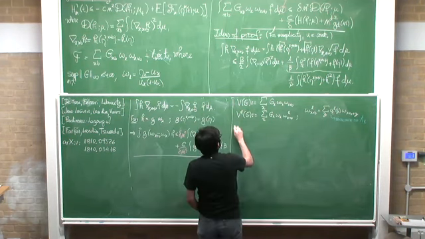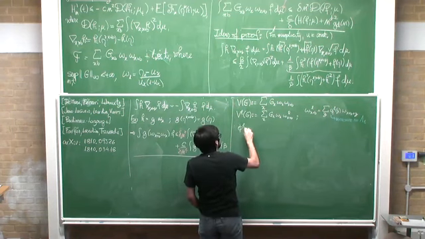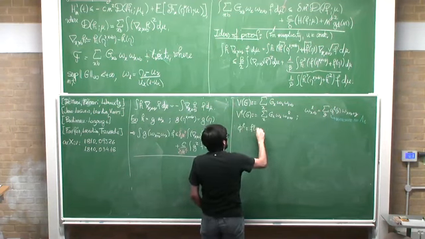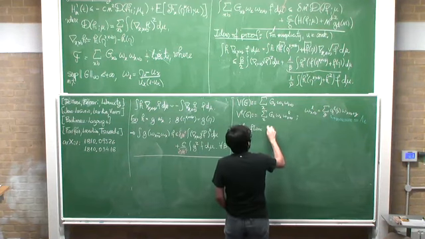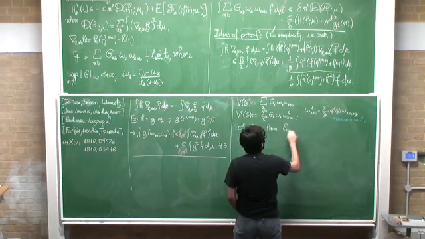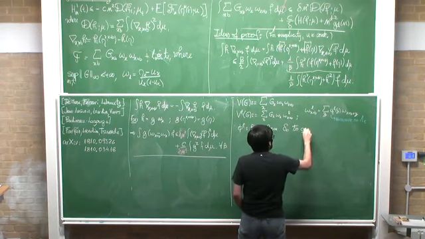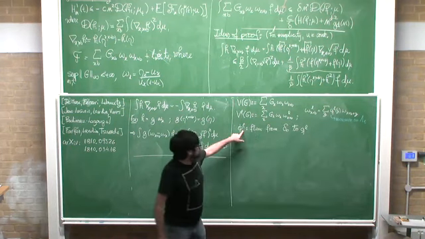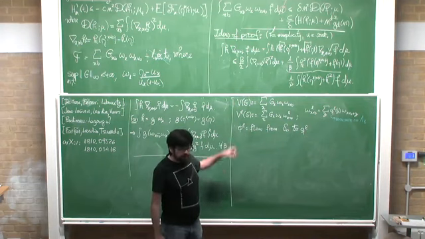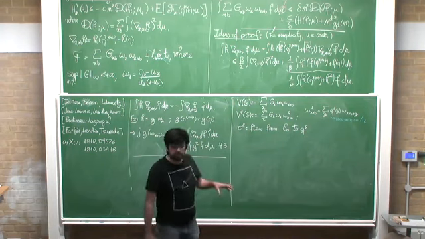So now, let me define the following thing. Let me introduce this guy here. Phi_L is a flow from delta_0 to Q_L.